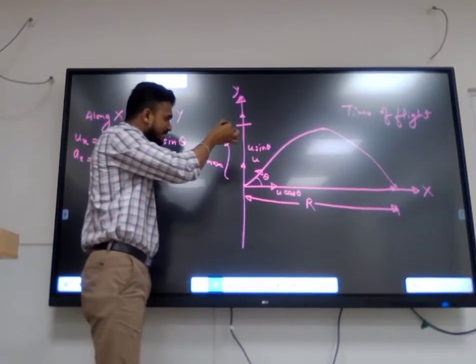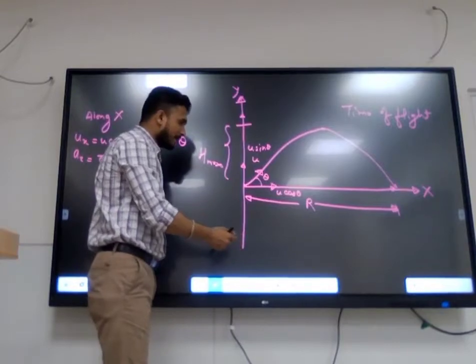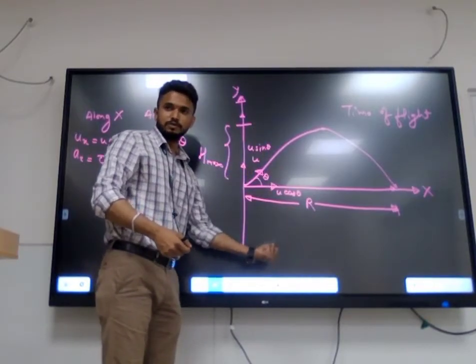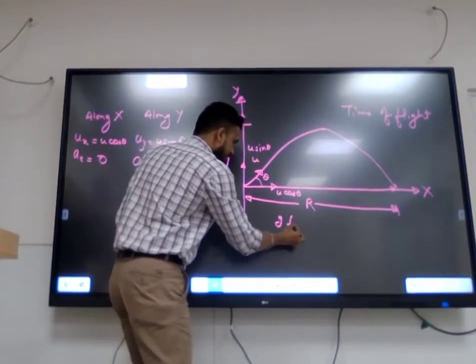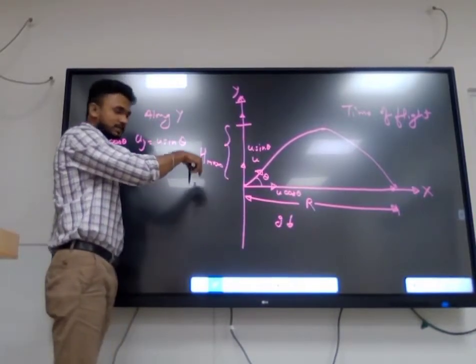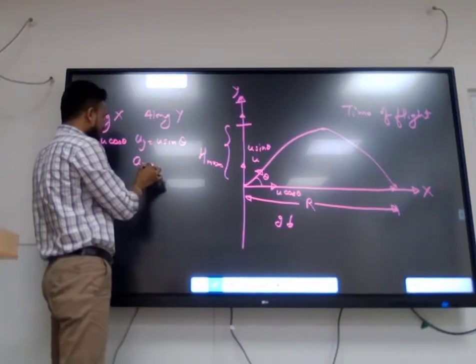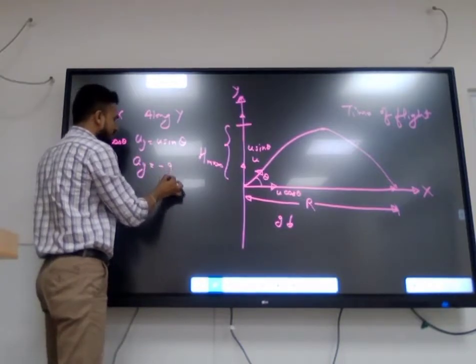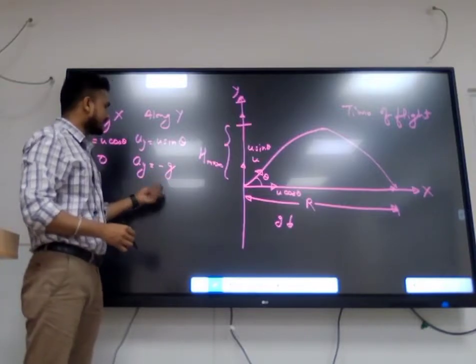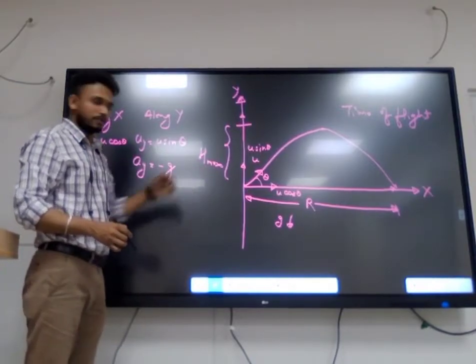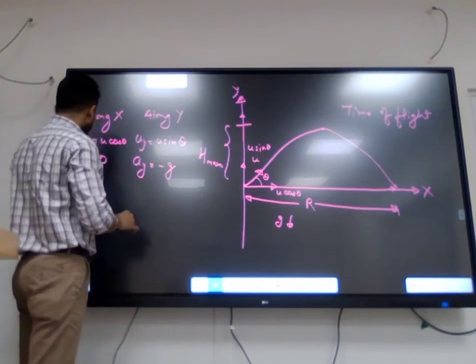No. Gravity is working downward. Every time it will try to pull the object downward towards the surface. So the acceleration along y is minus g. g stands for acceleration due to gravity, and the minus sign indicates that it is in the downward direction. So ay is minus g.